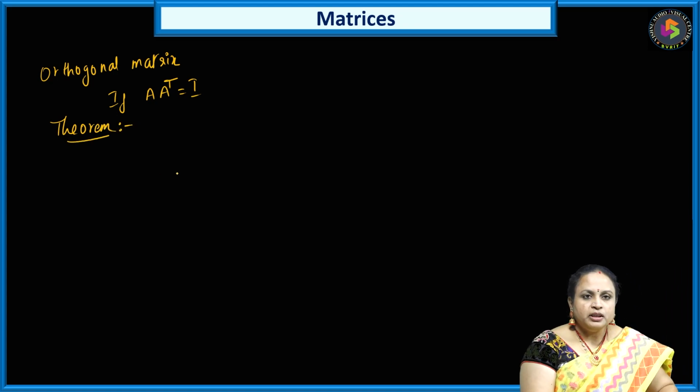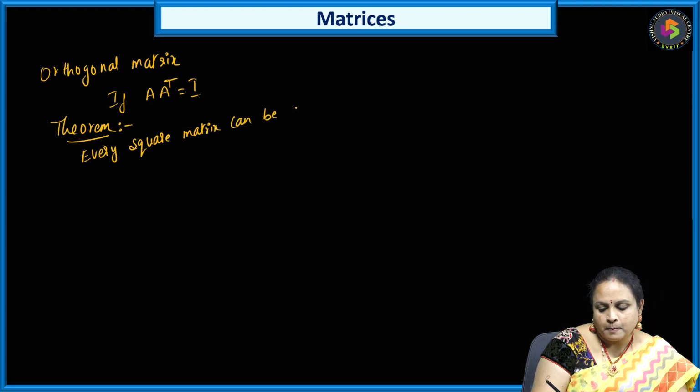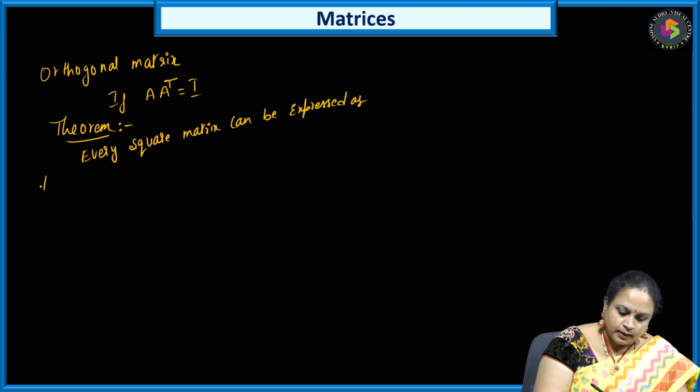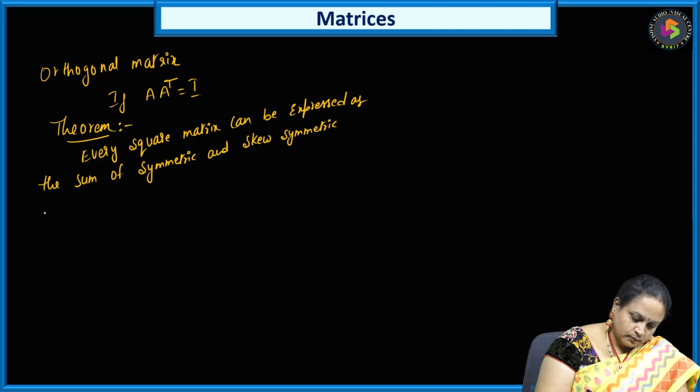So, the theorem is: every square matrix can be expressed as the sum of a symmetric and skew symmetric matrix in a unique way.